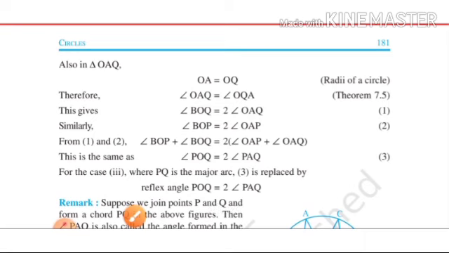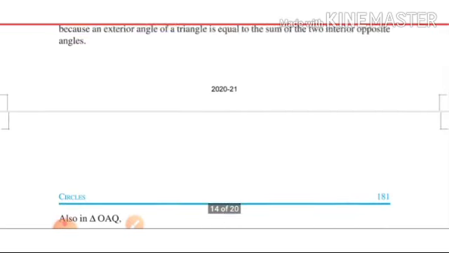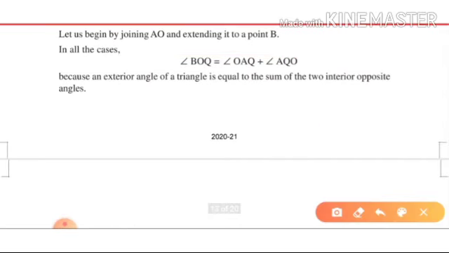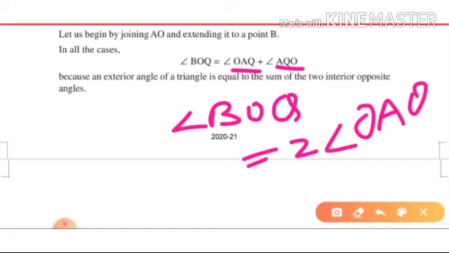Now as OAQ and OQA are equal, we can write BOQ as double of OAQ, or double of AQO.